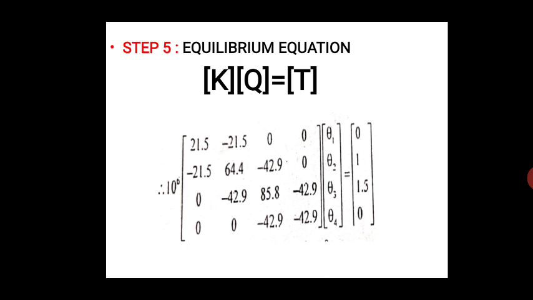Similarly, the global torque vector can be written as 0, 1, 1.5 and 0. This is step number 5, that is the equilibrium equation.